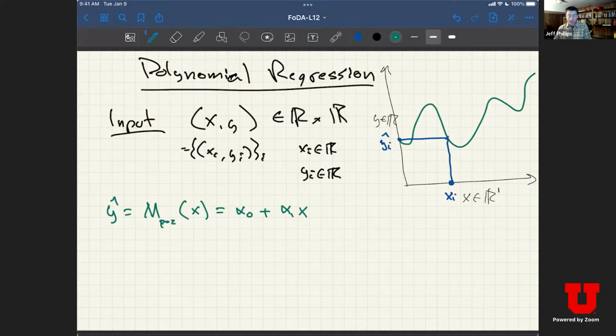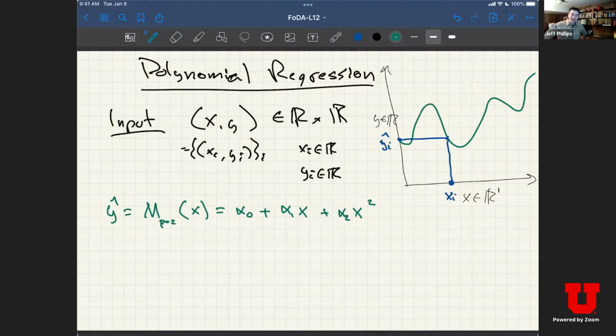This was the linear equation. But now we're going to add a 2nd-degree polynomial term, and that means I take the x value and I square it, and I get alpha 2 as a coefficient of this. This is our polynomial of degree 2 model for what the equation could be.